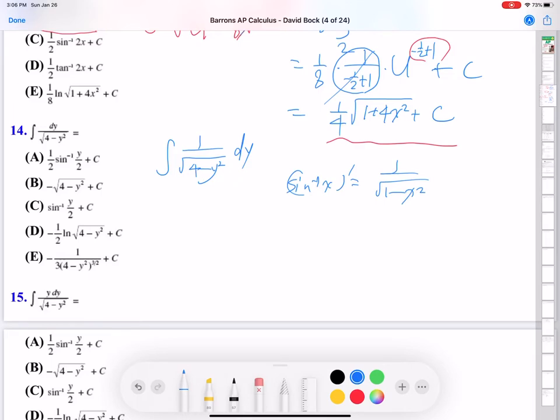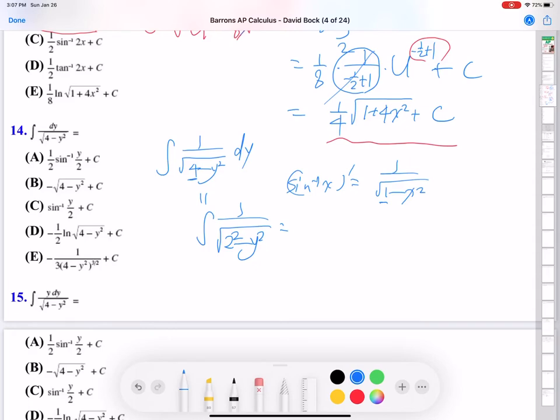This is the integral form of sine inverse x, right? But in this case, it is not 1. It is 4. 4 is 2 squared. So change that: integral 1 over square root of 2 squared minus y squared. Okay? And then what happened?